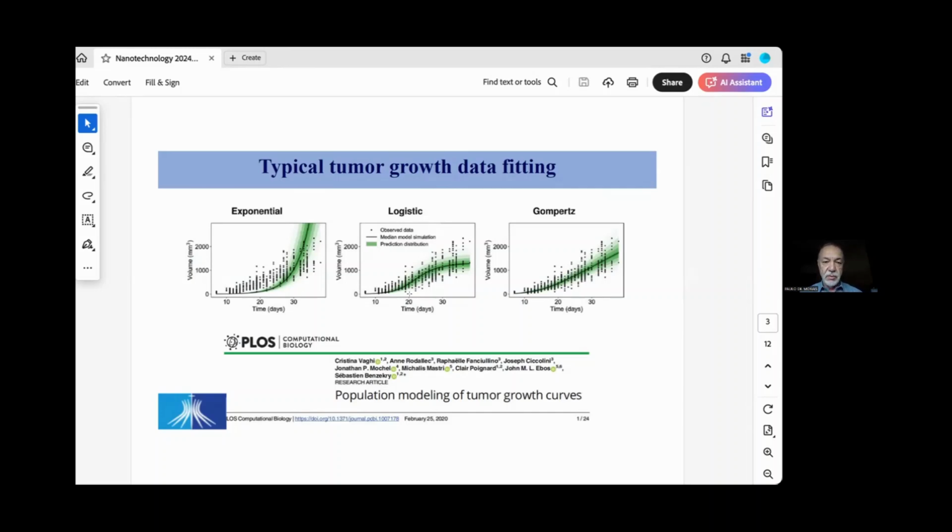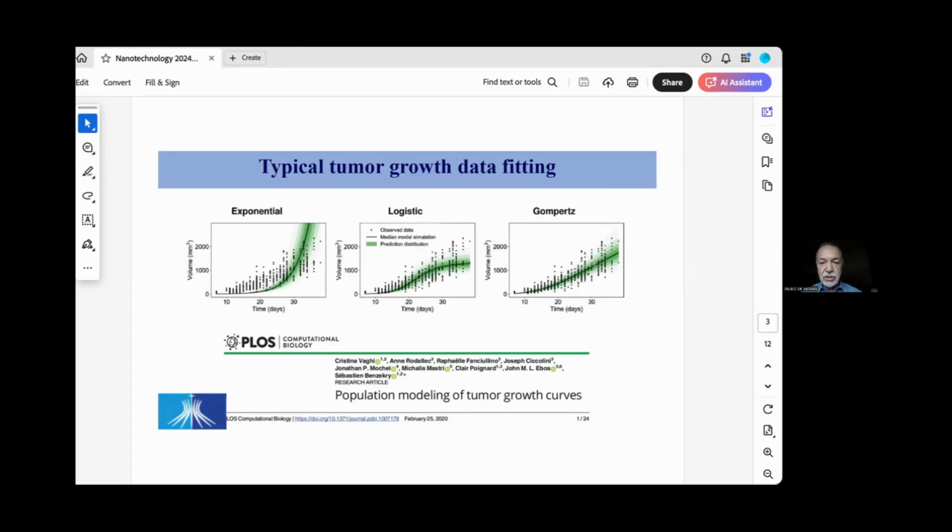However, when you go further in time, the logistic model tends to an asymptotic behavior of the tumor growth, so the volume reaches a final volume. When you compare the logistic with the Gompertz model, the Gompertz follows about the same trend, however it takes the asymptotic behavior much later in time.